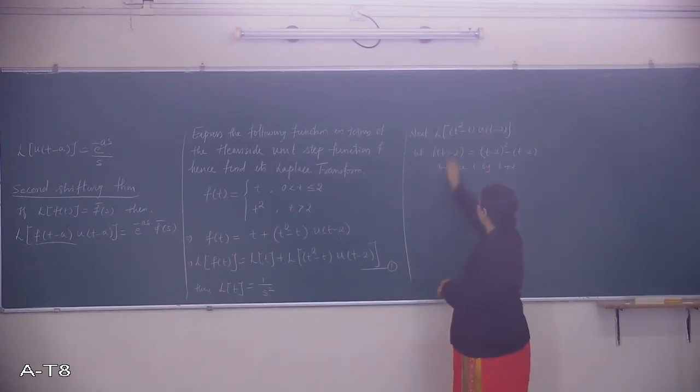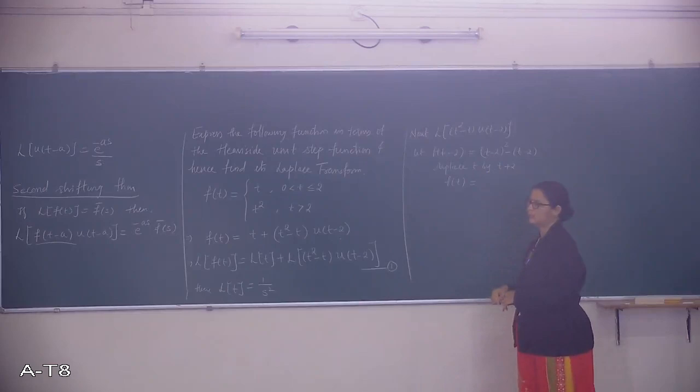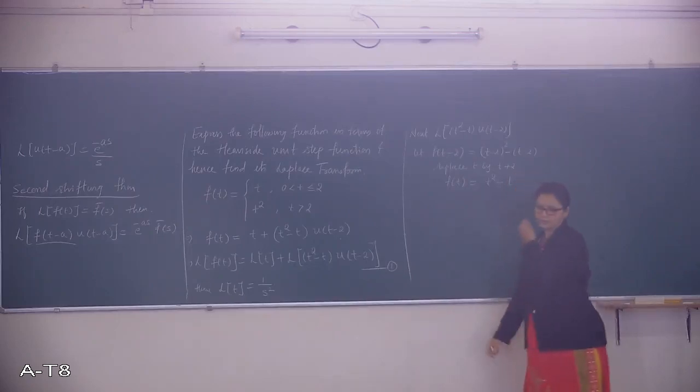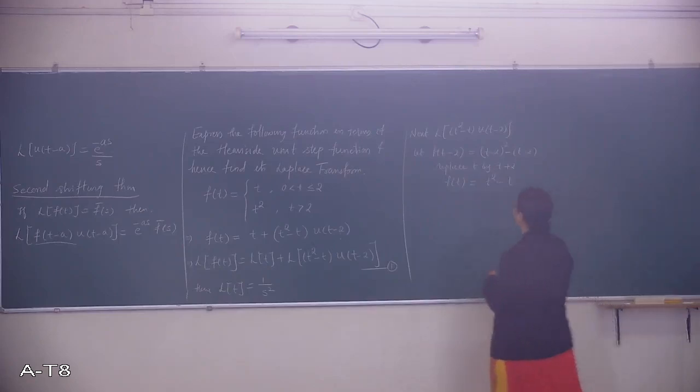Okay, so here we get LHS side f of t, and RHS side wherever you replace t by t plus 2, you get t square, and here t by t plus 2 again you get t. So here it won't change, it will be f of t. Okay, now we go for taking Laplace transform of this.